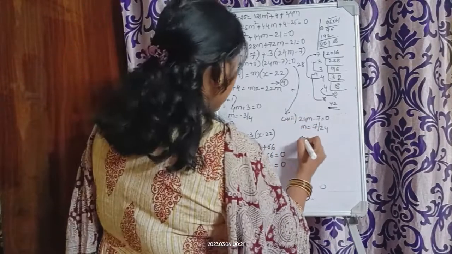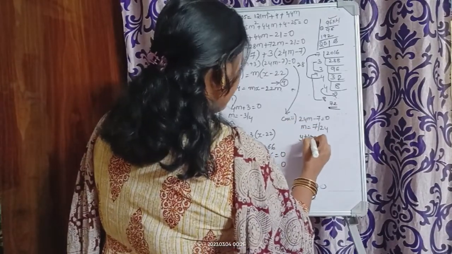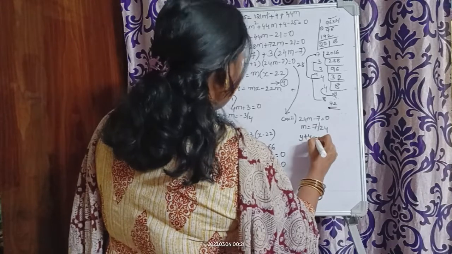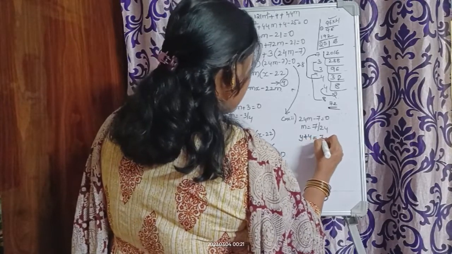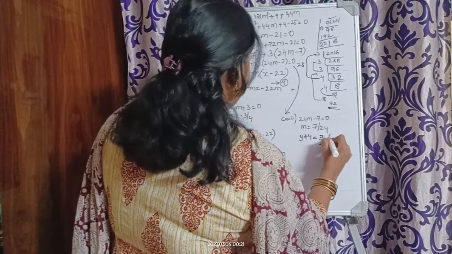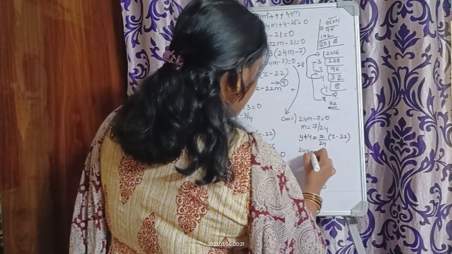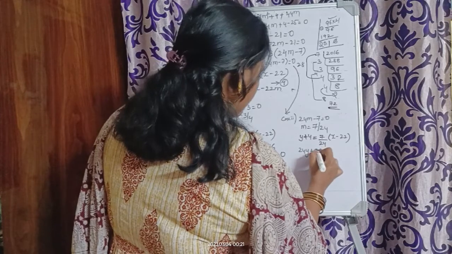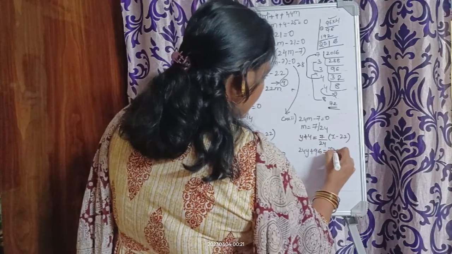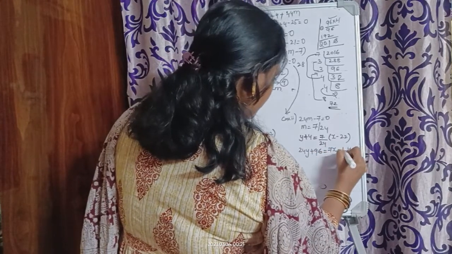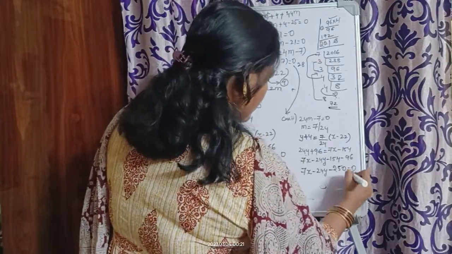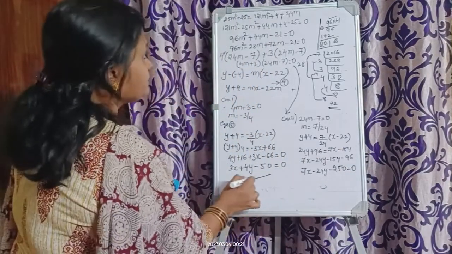And in this case, y minus 4 is equal to m, which is 7 by 24, into x minus 22, or it is 24y minus 96 is 7x minus 154. So these are the direct common tangents.